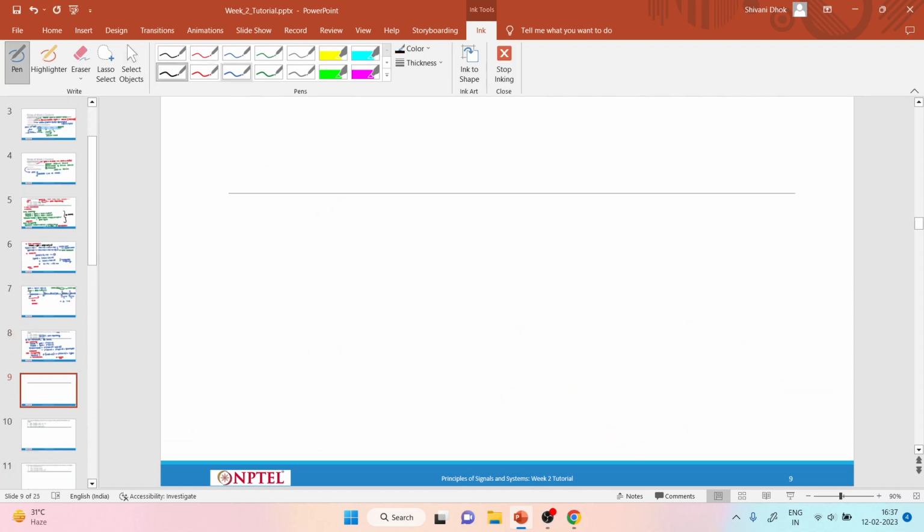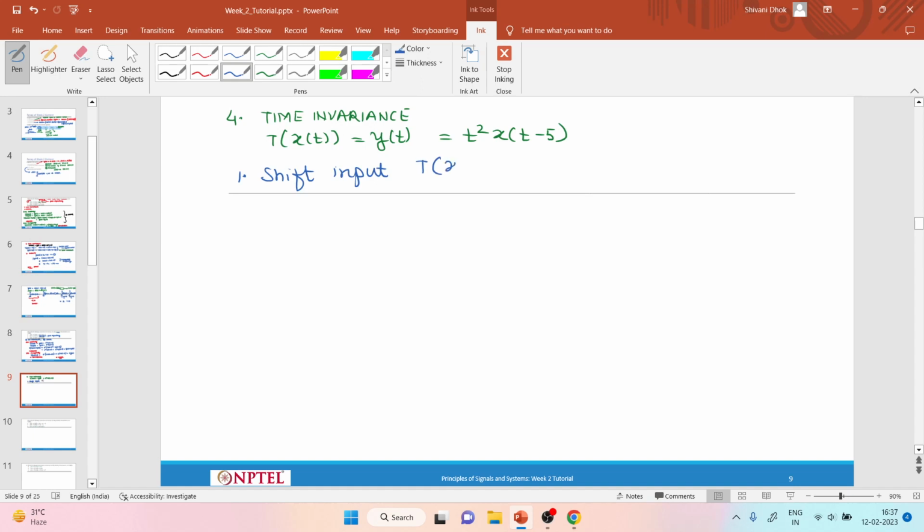Okay, so the next thing that we need to look at is time invariance. And the system that we are looking at is T of x of t, which is equal to y of t, which is equal to t square x of t minus 5. So first let us shift the input, that is we need to look at what will be the output if I am giving a shifted version of input.